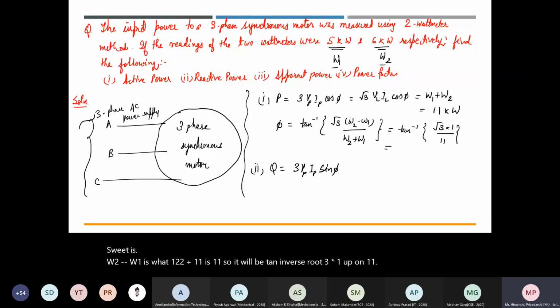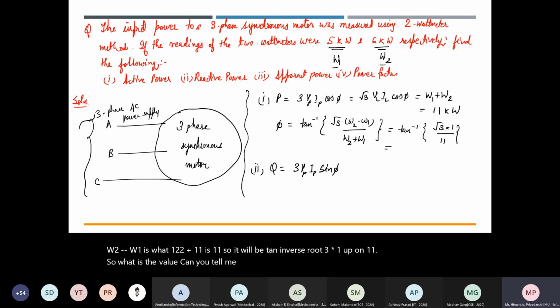So what is the value? Can you tell me quickly? I am giving you 1 minute for this.